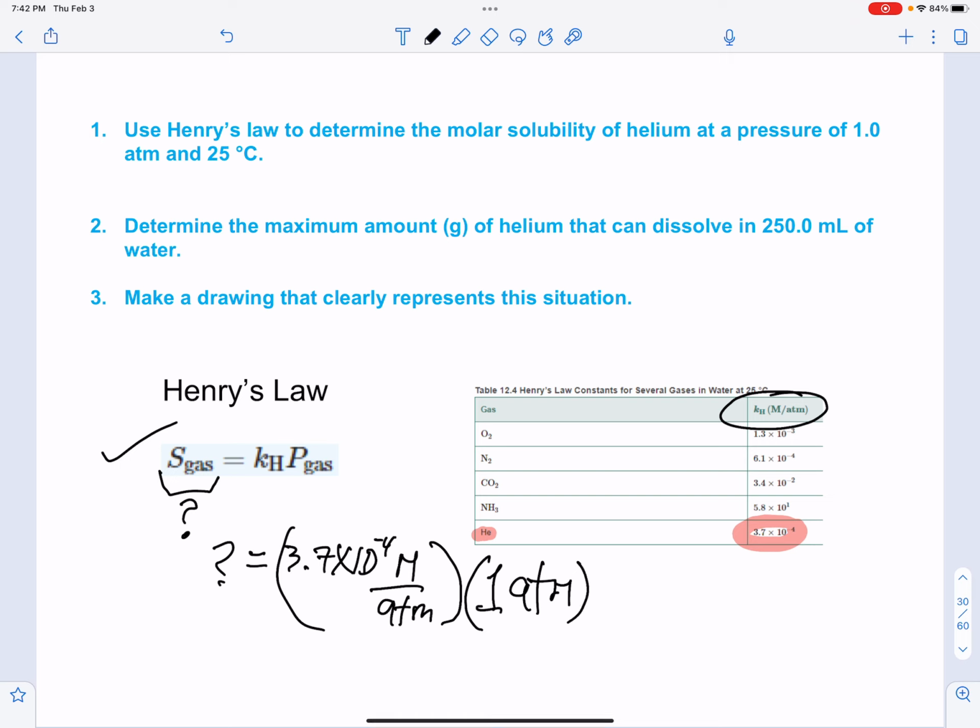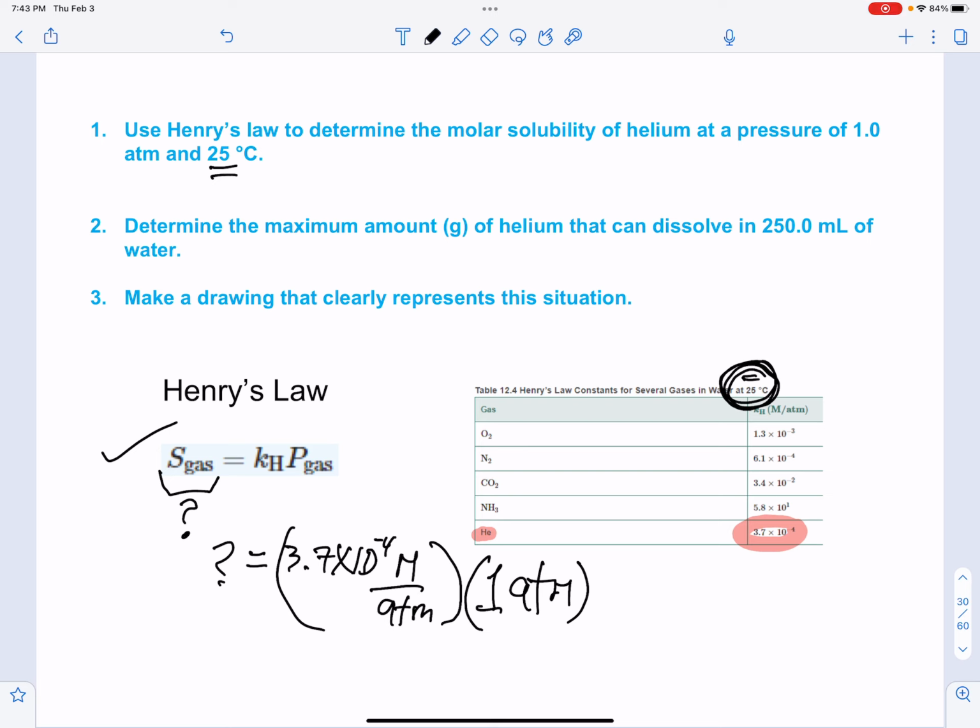So the pressure has to be in atmospheres for you to do this problem at 25 degrees Celsius. Why? Where do we use the temperature? Nowhere. You just have to make sure that you're using the right table. If this table was at 45 degrees Celsius, you cannot use this table for this problem. So you gotta make sure that the table matches with that. And most of the time it's gonna be 25 because that's the standard for kind of a room temperature.